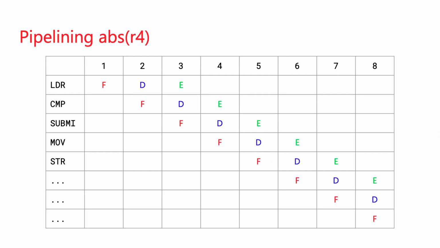So that was a side trip to talk about pipelining that's built into modern processors, and I think it's especially easy to understand here, and it helps explain why instructions like this make a lot of sense.